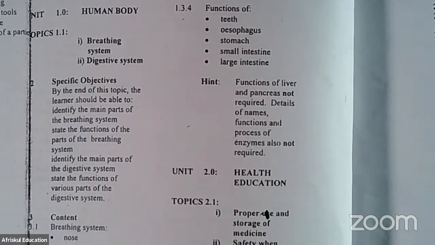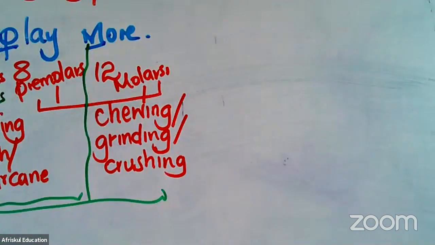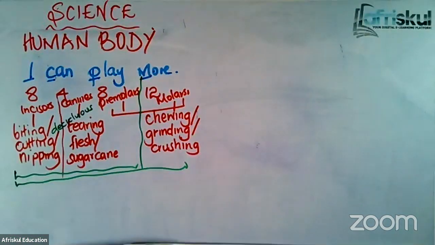If you cannot label that part Q, you will definitely not know its functions. So I hope you can draw and label. I want to be very, very fast. So let's go. I am going to draw the two systems very fast here, and we shall label them.